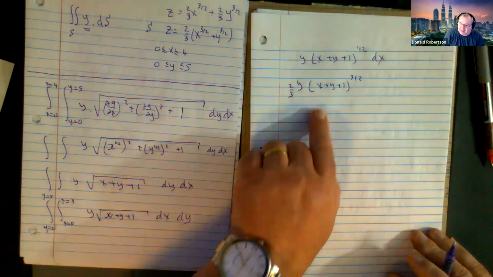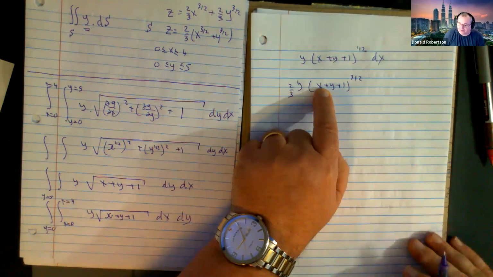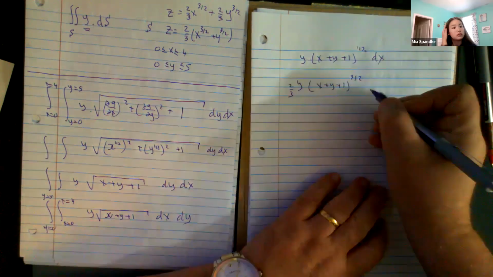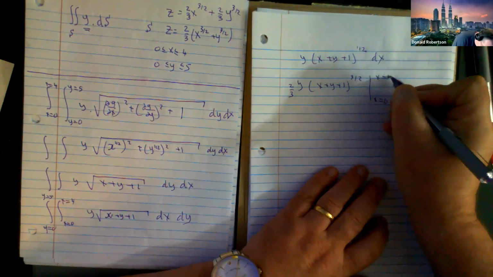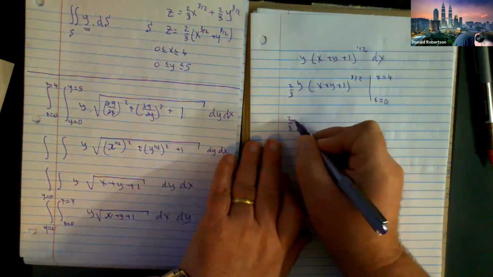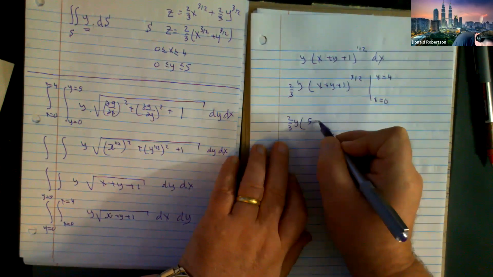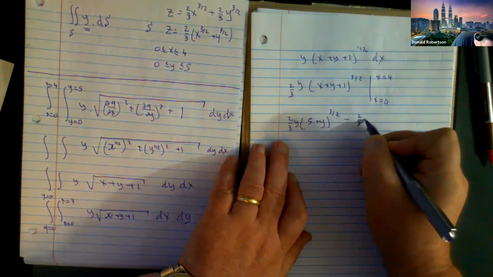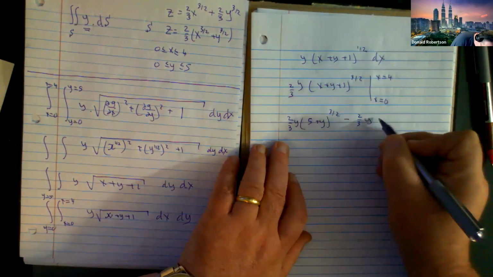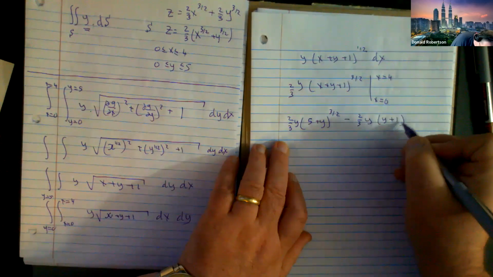And since it's just x inside, technically times 1 over 1, but that doesn't do anything, so I don't care. Then I'll evaluate it at 0 and at 4. So that's going to get me 2/3 y. 4 plus 1 just gets me 5, so it's 5 plus y to 3 halves. Take away 2/3 y. 0 just gets me y plus 1 to 3 halves.